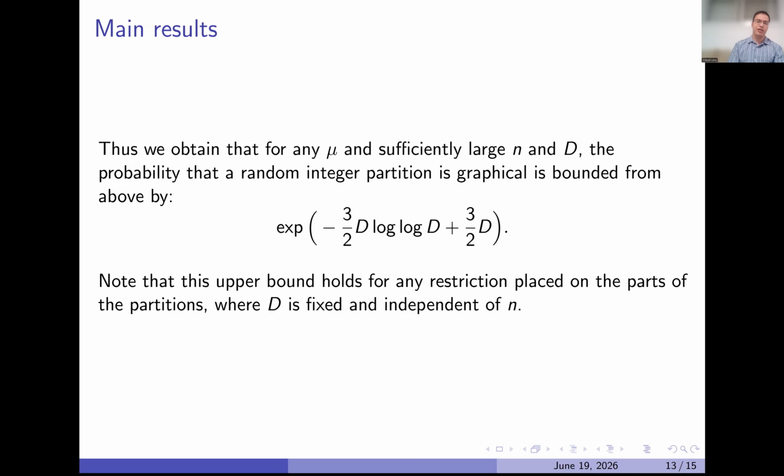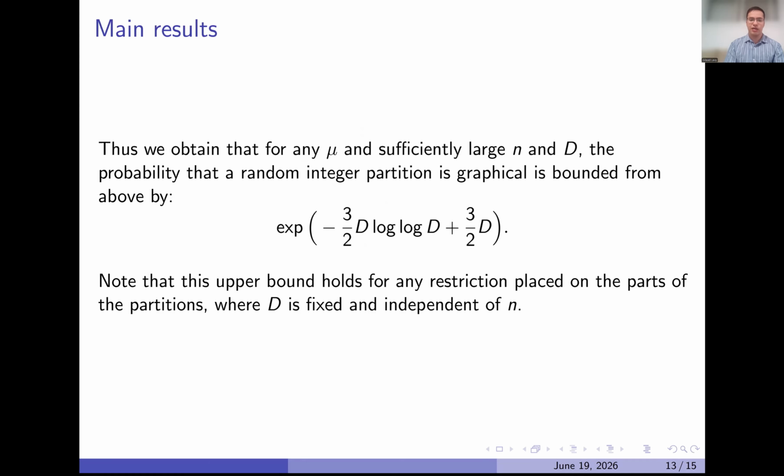Then, after using several more lemmas that we elaborate on in the actual paper, we prove our main theorem and find that the probability of a random integer partition to be graphical is bounded from above by this expression that depends only on the Durfee square side length of the partition, for any restriction placed on the parts.